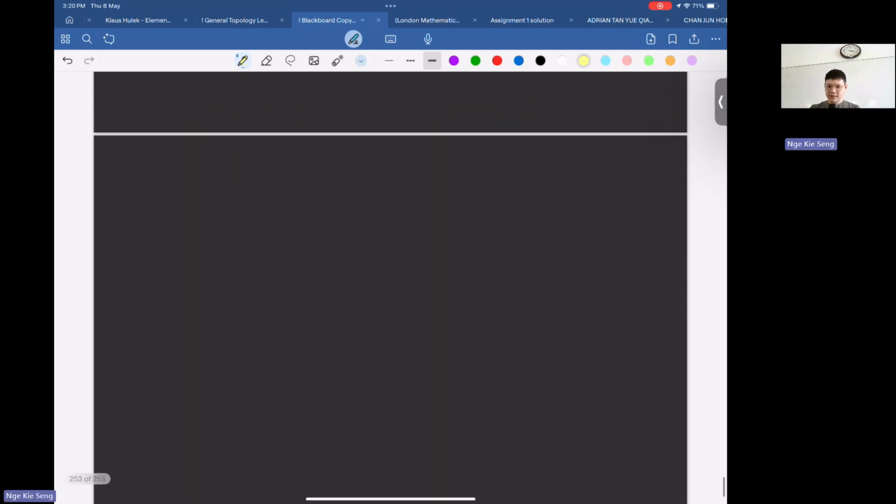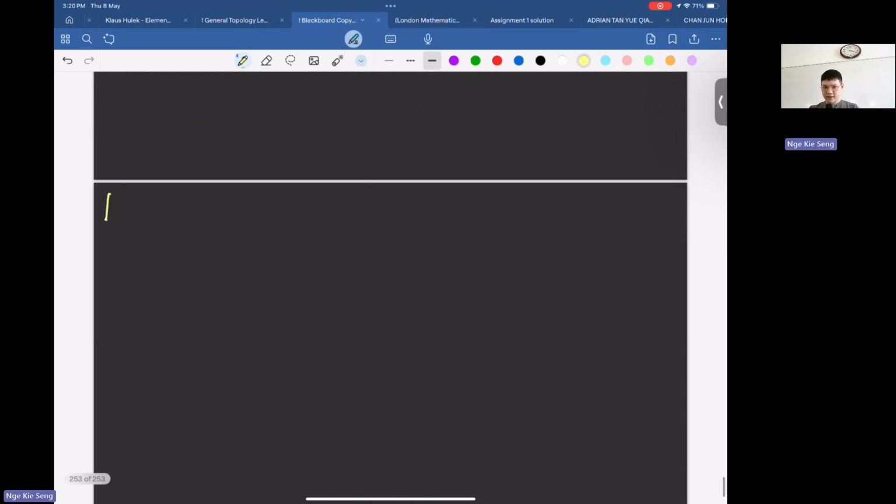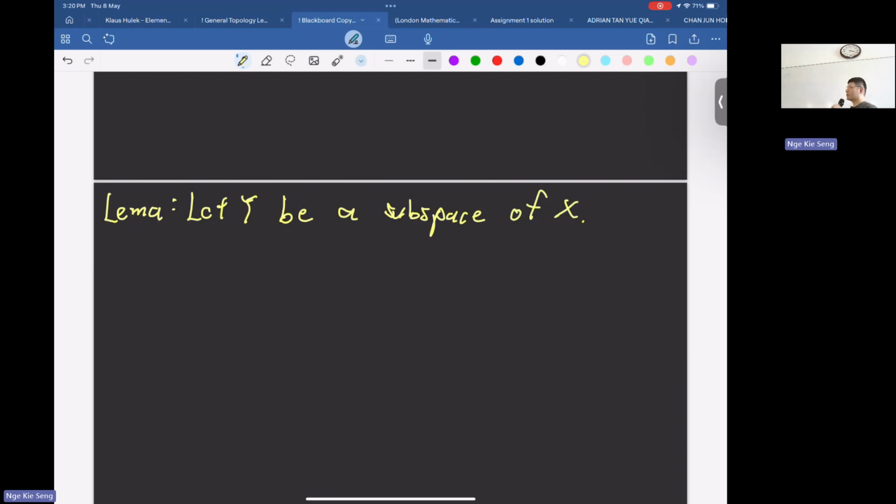Next, before we leave the subspace stuff, I think this one is quite interesting. Let Y be a subspace of X, meaning you inherit the topology as a subspace topology.